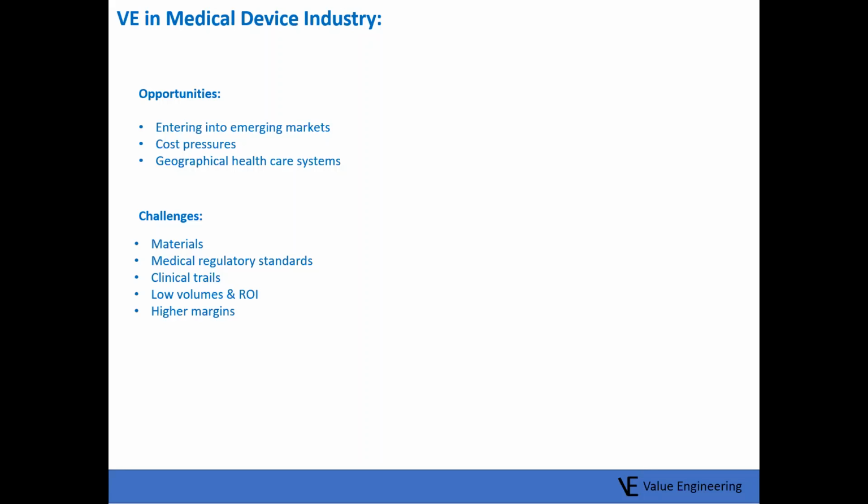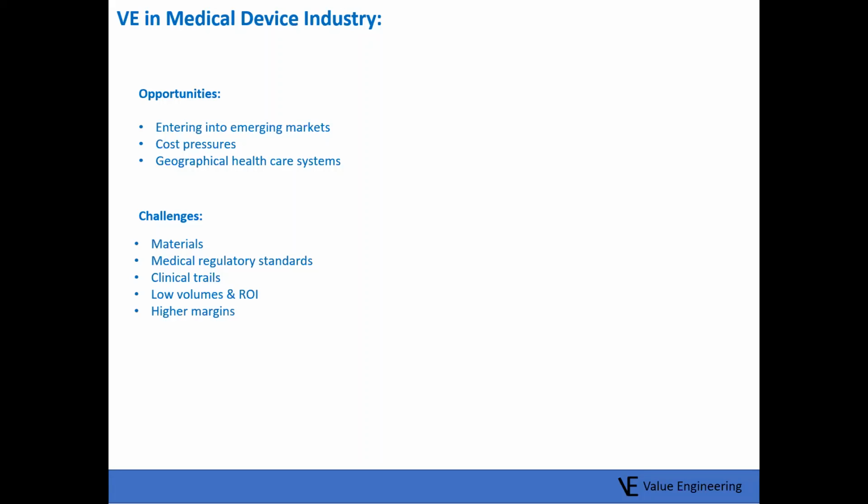And higher margins. To produce any new medical device, it generally takes 5 to 6 years to hit the market, so there is a huge R&D investment. To get back that investment, medical device margins are typically 60 to 70%.